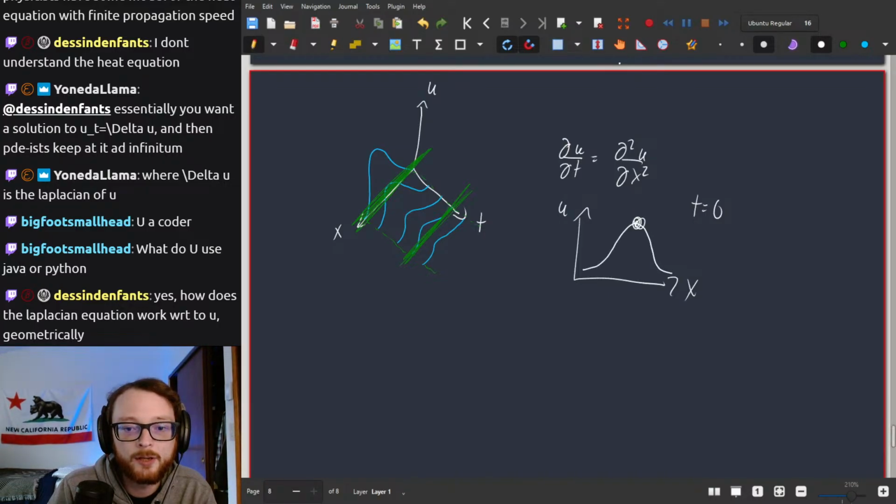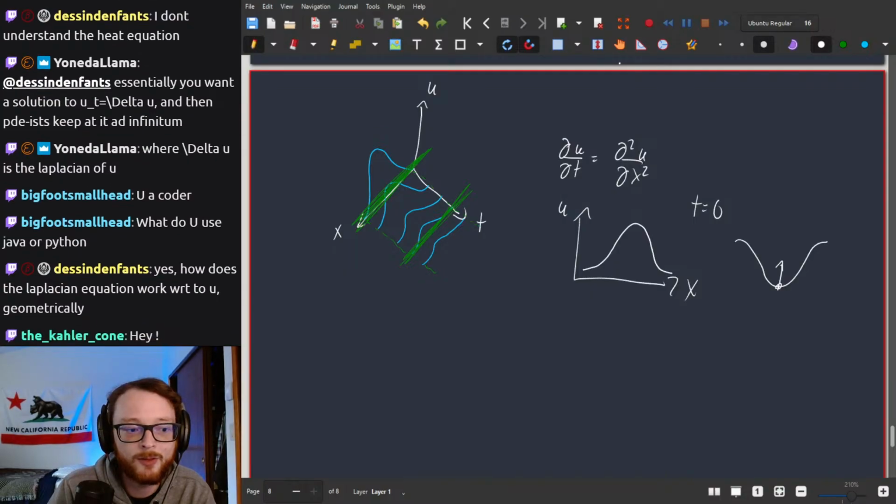Right at this point here, or even anywhere along it, but just focusing on that for the sake of simplicity, the second derivative is going to be negative because it's at a maximum. And so in time, at this point, u is going to be going downwards because it's concave down. And it gets flipped if you have a minimum, because now your concavity is positive, so u is going to be going up. So it tends to flatten things out. That's how I think about the Laplacian, at least.